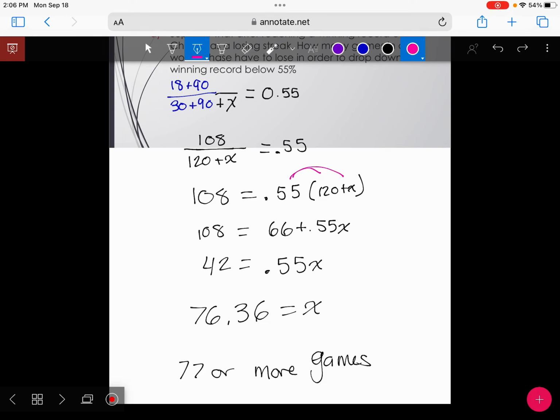If it was 76, he would be at like 55.6, so above 55%. So he needs to lose 77 games. So it took 90 games to get him from 60 to 90%, but 77 games to take those losses down lower, even than he started.